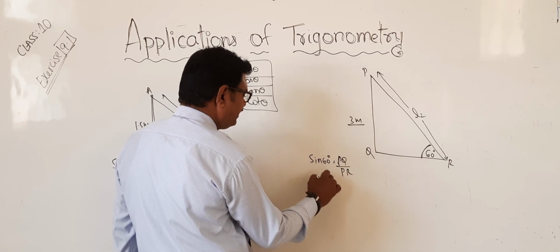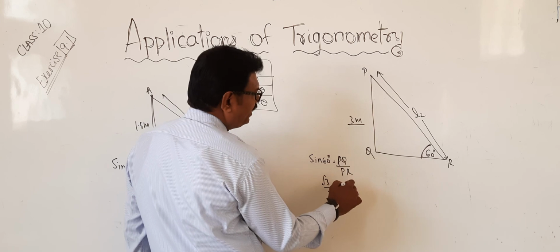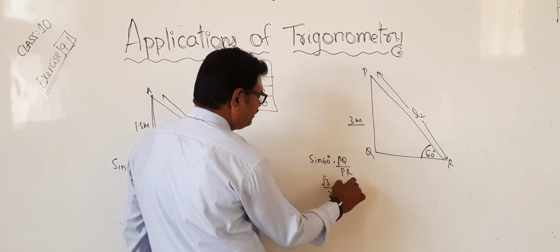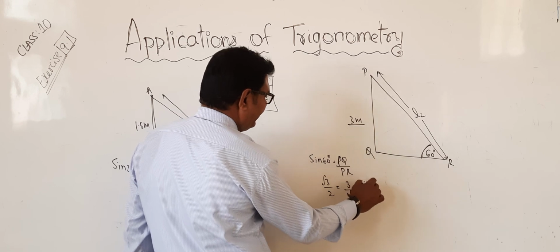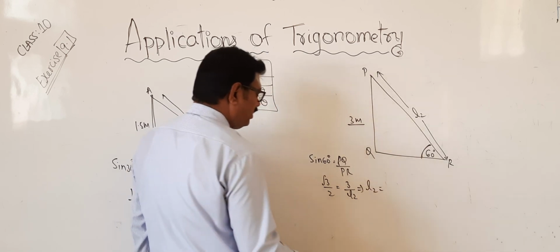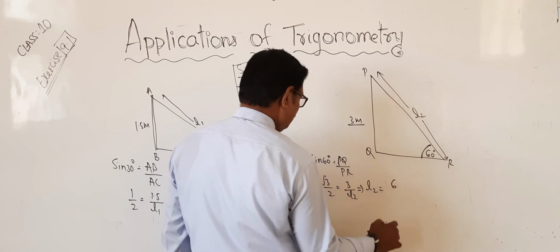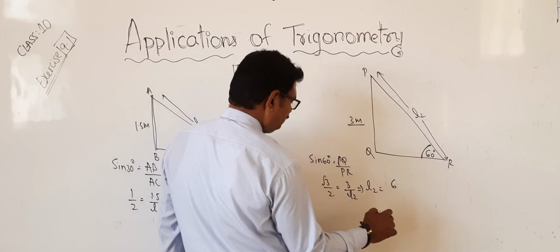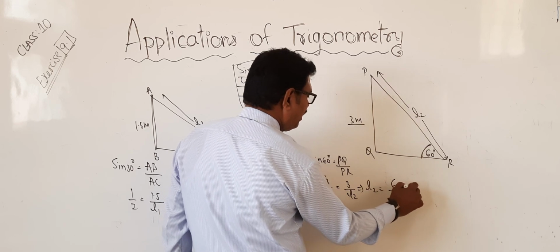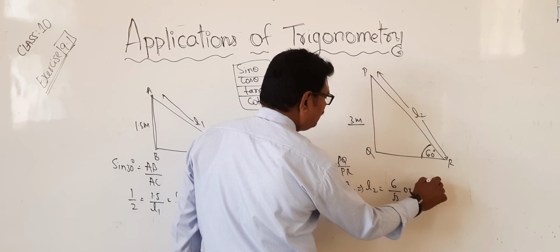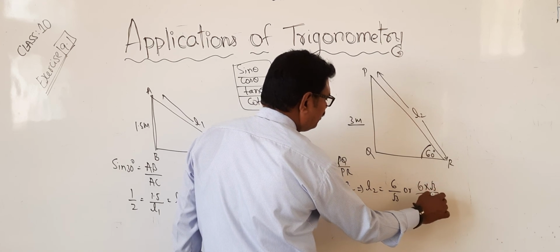Sin 60 is nothing but root 3 by 2 is equal to PQ, PQ is 3 divided by L2, which implies L2 equal to 6 divided by root 3, or 6 into root 3 divided by root 3 into root 3.